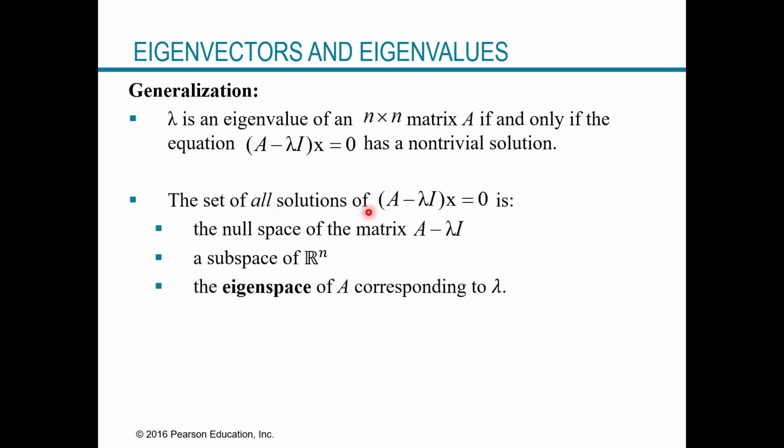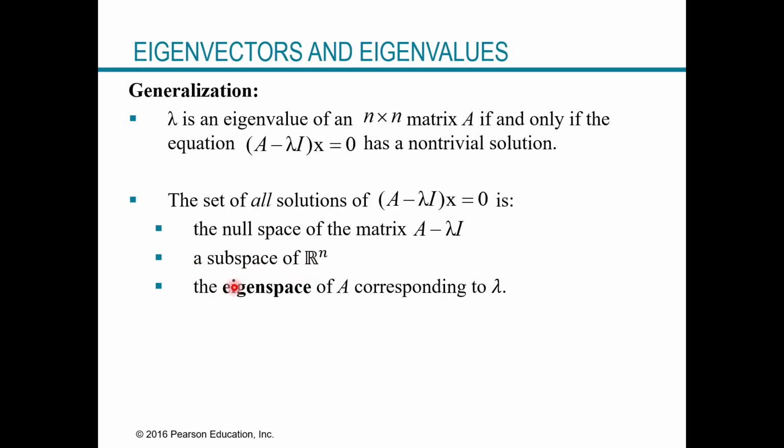And so now just some ways to talk about it. The set of all solutions to this equation is actually equal to the null space of the matrix that we just worked with. In our case, it was A minus 7I. So the null space of that matrix is the same as the set of all solutions to this equation by definition of null space, but it's also a subspace of Rn.